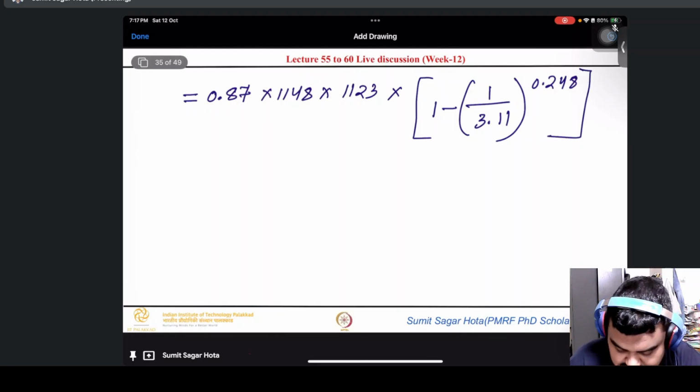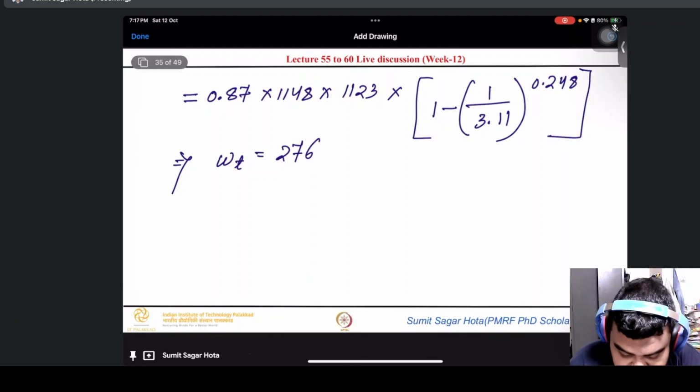Okay, so yeah, next your work done will be what? If you solve it, you will get 276 kilojoule per kg.